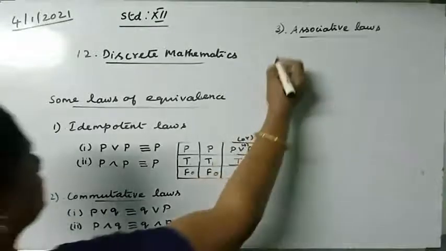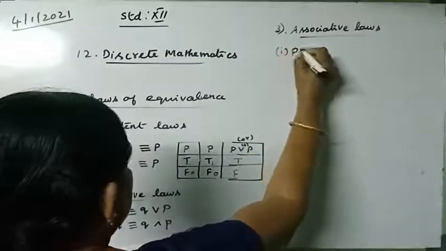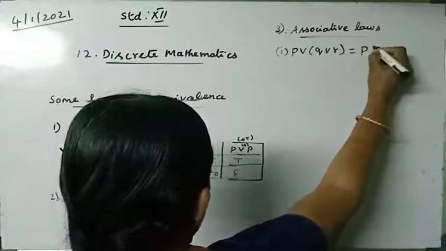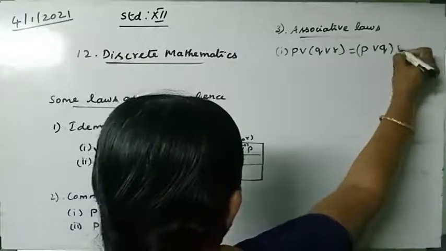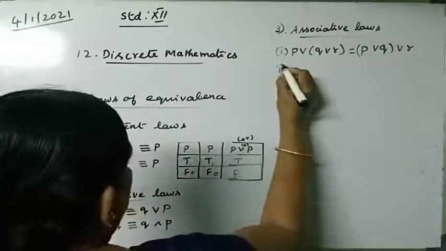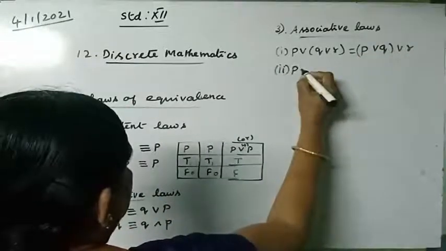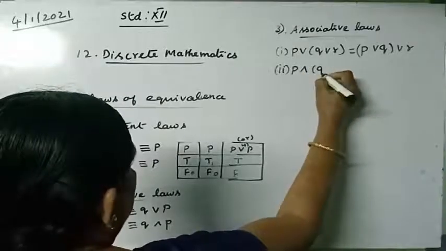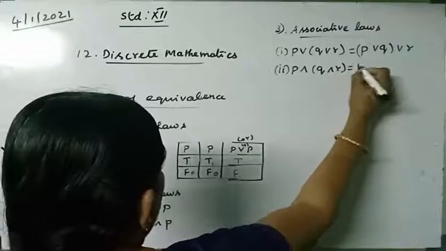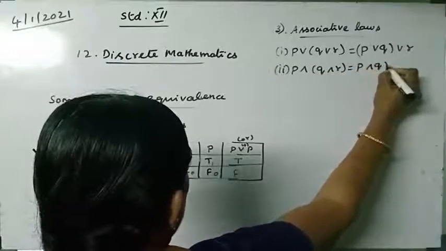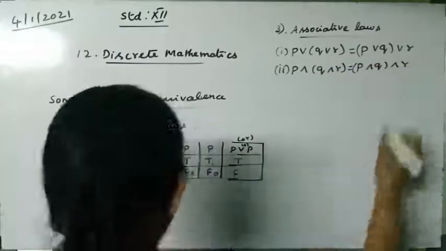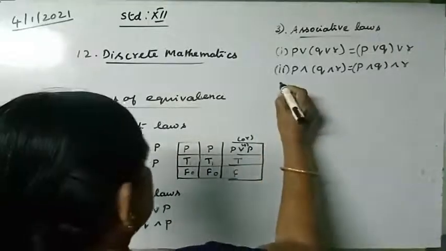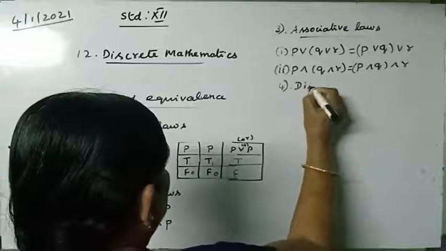According to that, first one is P or Q or R is equal to P or Q or R. And the second one, intersection, that is P hat, P and Q and R is equal to P and Q and R. So these are associative laws. Then fourth one is distributive law.